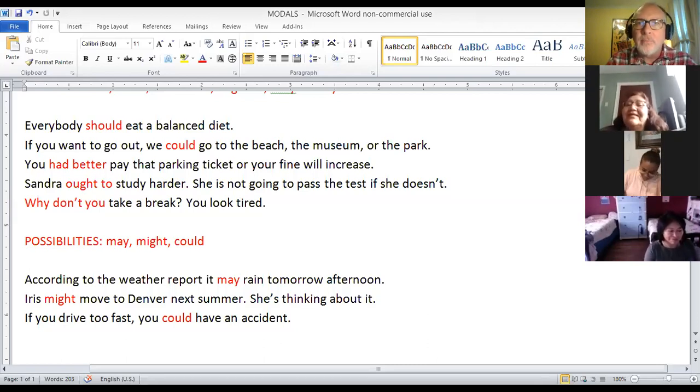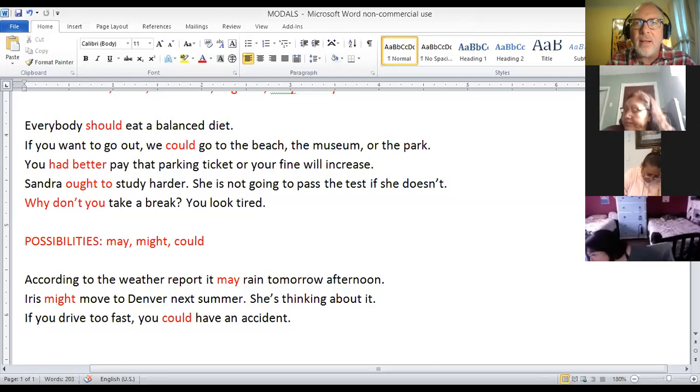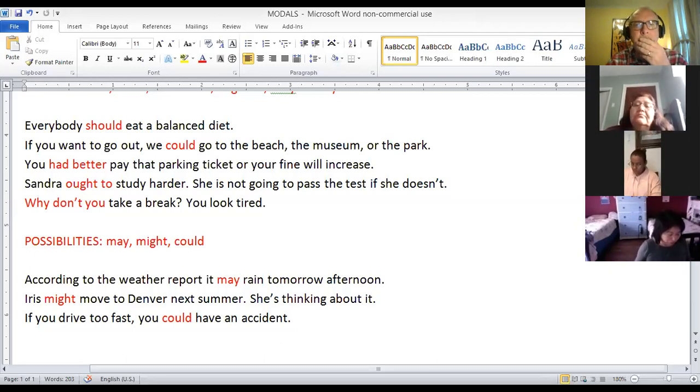Pobrecitas. Okay, I just sent it to you. You should have it in your Remind app, and I'm sending it in the WhatsApp as well, so you can have it in both places if you want it.